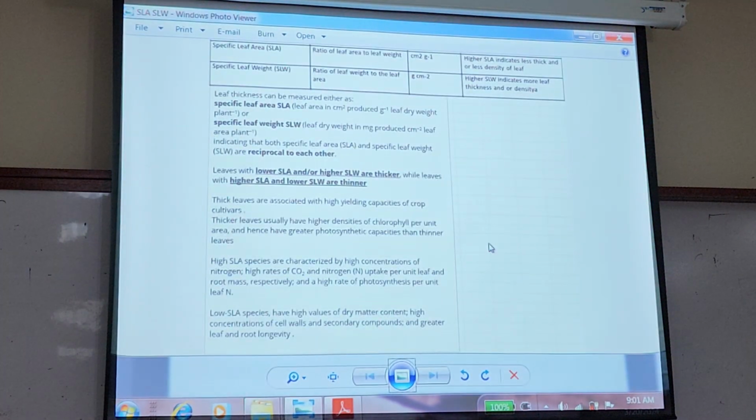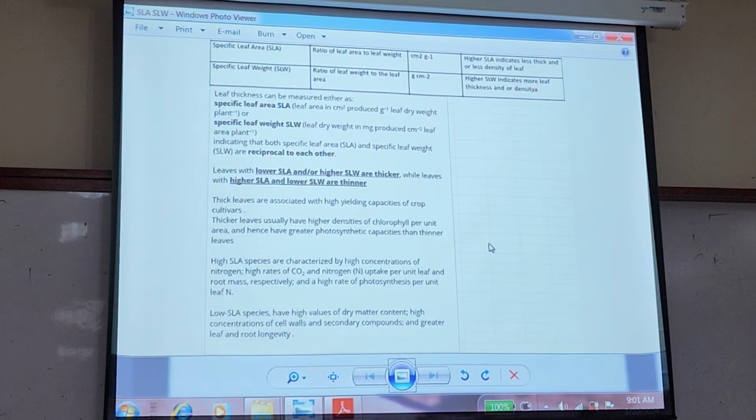Your objective for this mini experiment: leaf thickness can be estimated better by using a physiology equation compared to basing it on your tactile sensation, your touching.